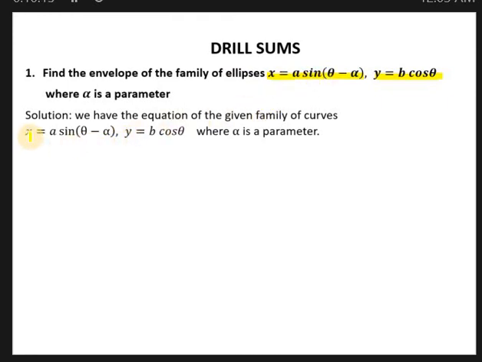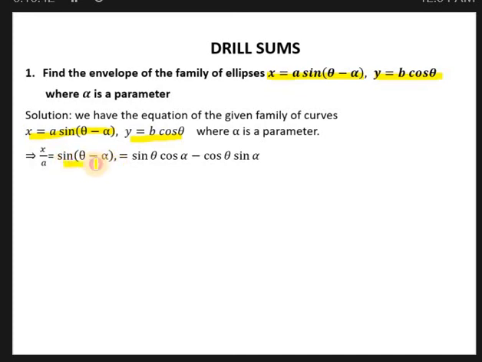Let us take up the given equations as they are. That is, x is equal to a sine into theta minus alpha and y is equal to b cos theta, where alpha is a parameter. Now let us take the first equation and simplify this. Transfer a to this side. So we get x by a is equal to sine of theta minus alpha.